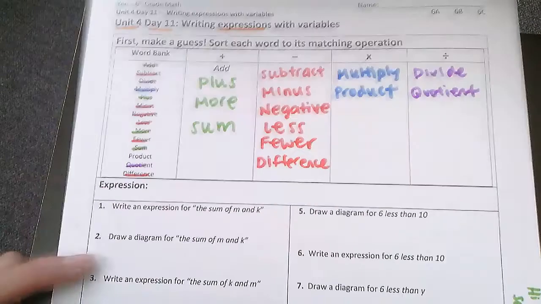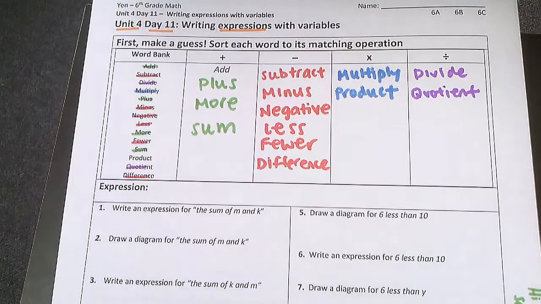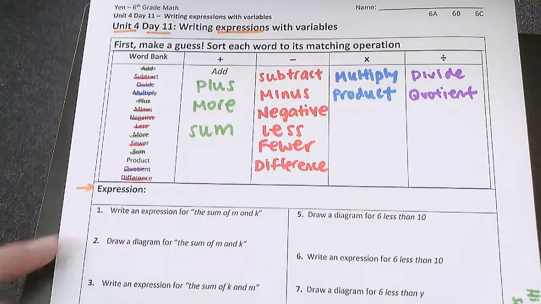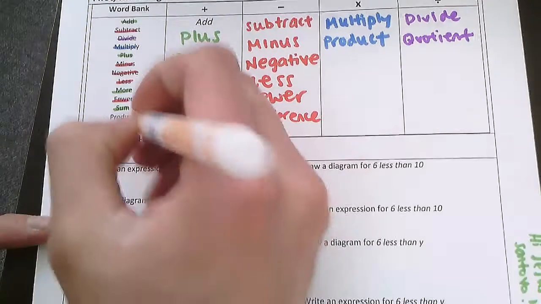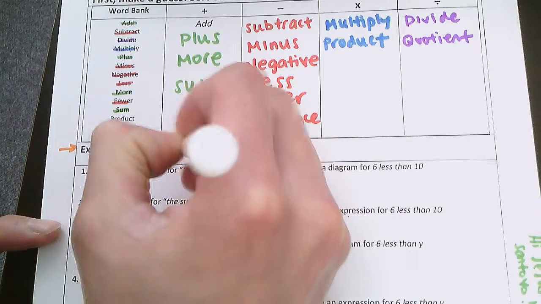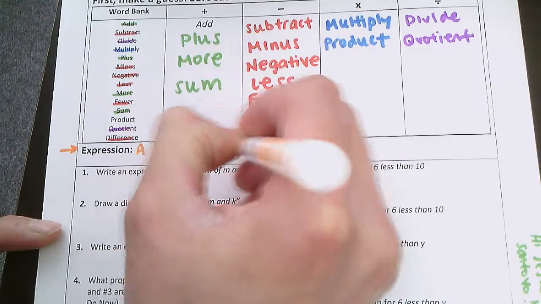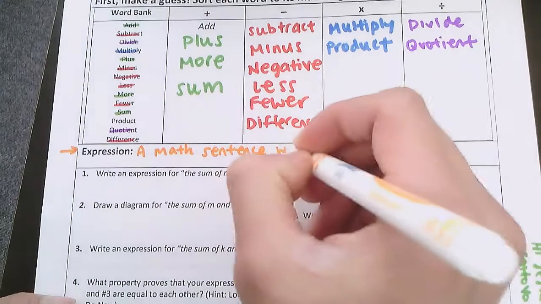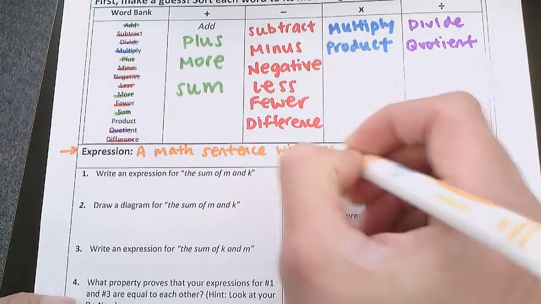And now, before we get started with writing expressions, let's first talk about what is an expression right here. So our definition for what an expression is, we're going to think of it like a math sentence with numbers.